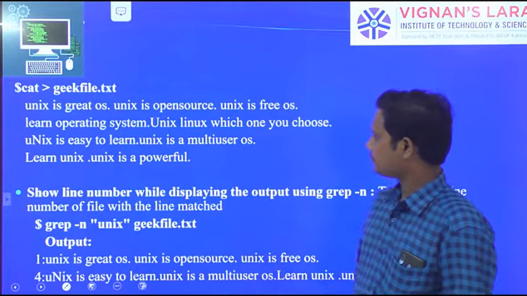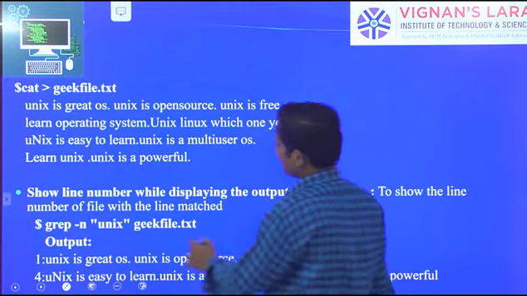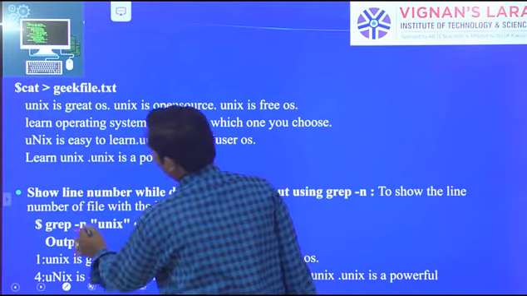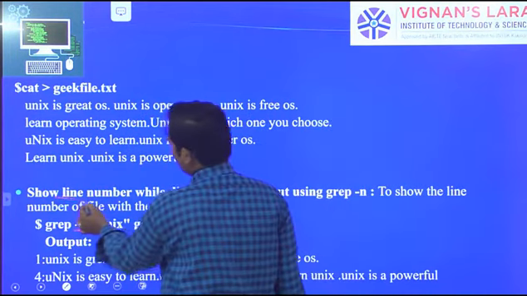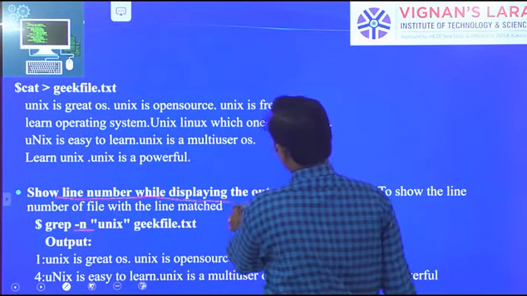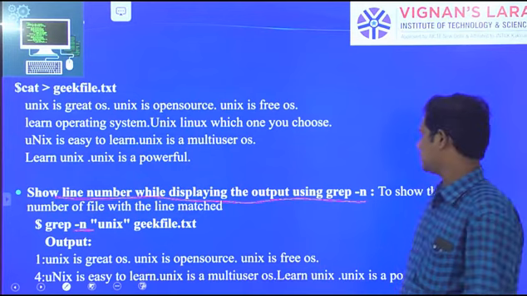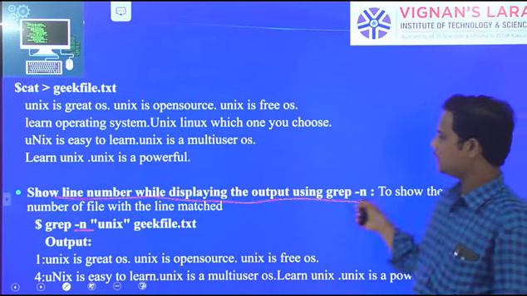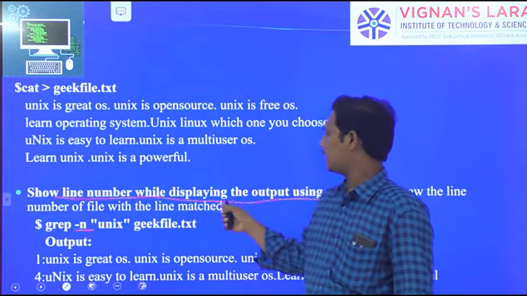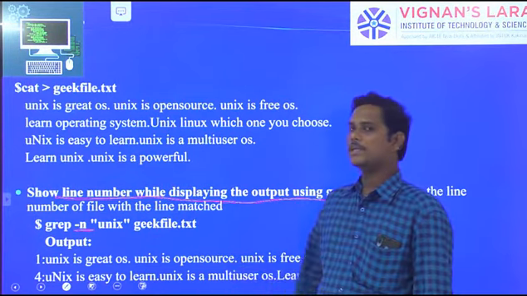Next, option N. Option N shows the line numbers while displaying the output using grep. To show the line numbers with the line match, what line it will be matched, those line numbers only display.